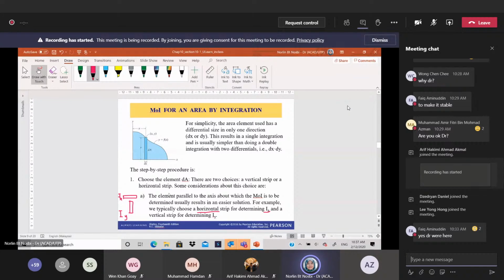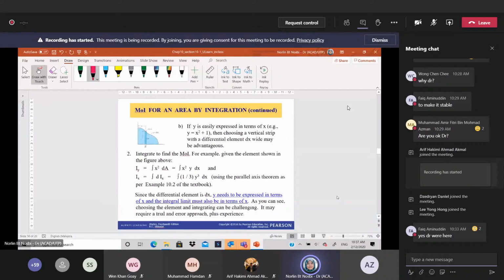If y is easy to express, for example, y is equal to x squared plus 1, it is easy to express in terms of y, so you have to choose vertical.